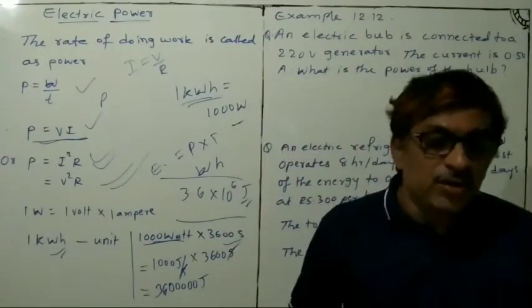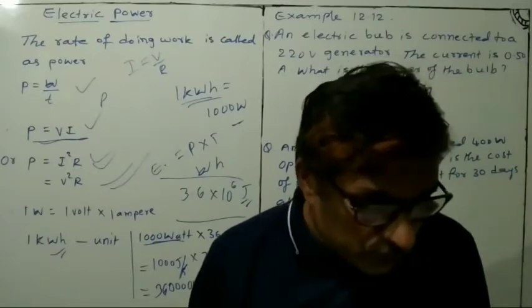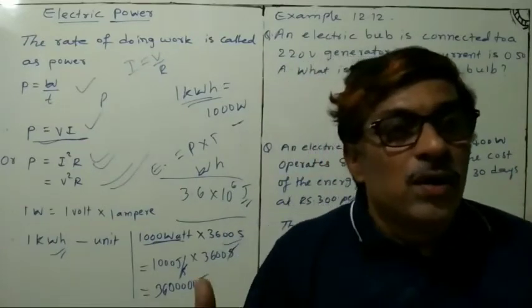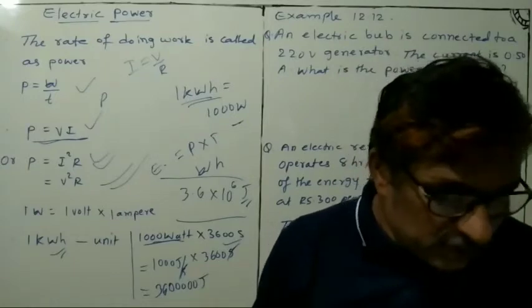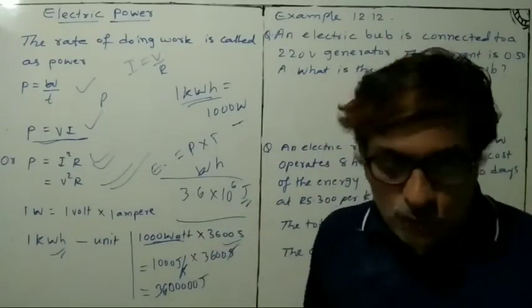So in this way you can convert into joule. You know that 1 watt is equal to 1 joule per second, so that's why you can change easily into joule.